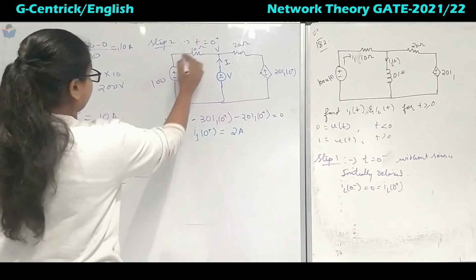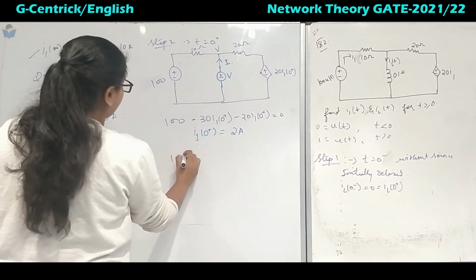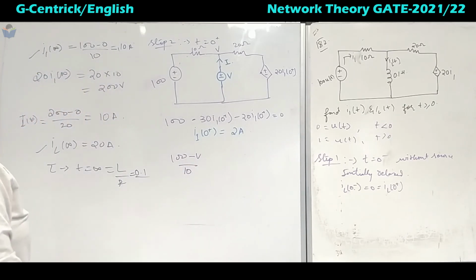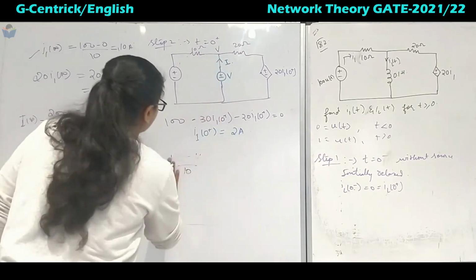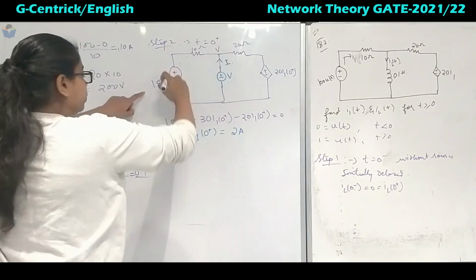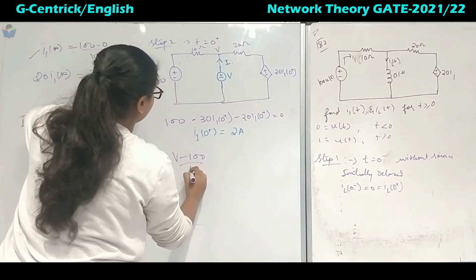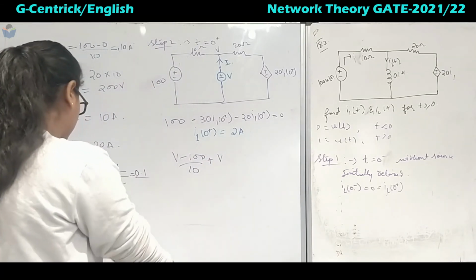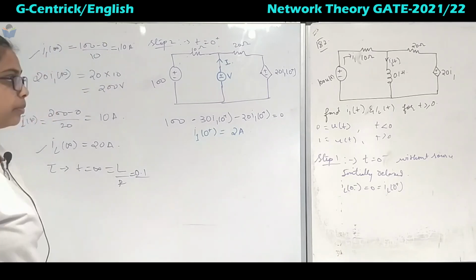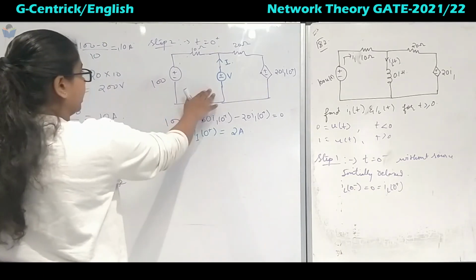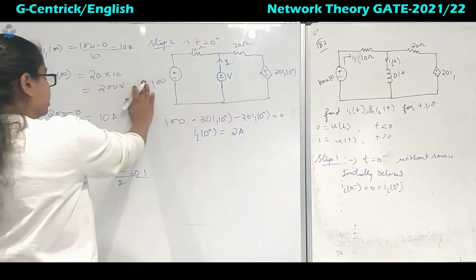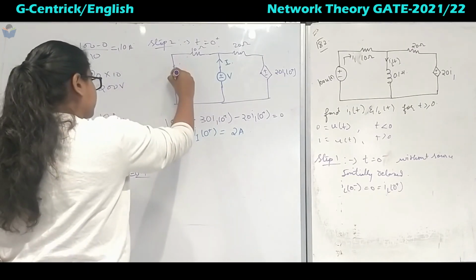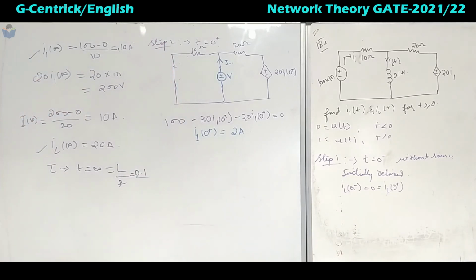Now we can apply the nodal: 100 minus V divided by 10. Sorry, we are going from V to 100, so we take V minus 100 over 10, plus V. Before that we have to inactivate our independent sources: if I remove this, it will be a short circuit.